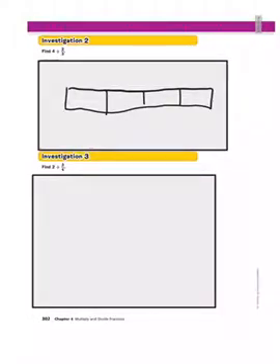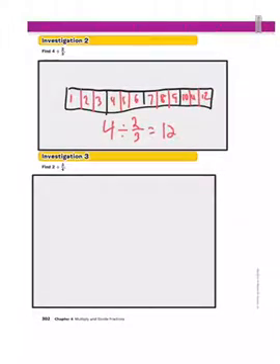So I'll switch to red for this. If I split each board into thirds, the answer will be how many pieces I have. There's 1, 2, 3, 4, 5, 6, 7, 8, 9, 10, 11, 12. That means 4 split into 2/3 pieces, or 4 divided by 2/3, is 12.